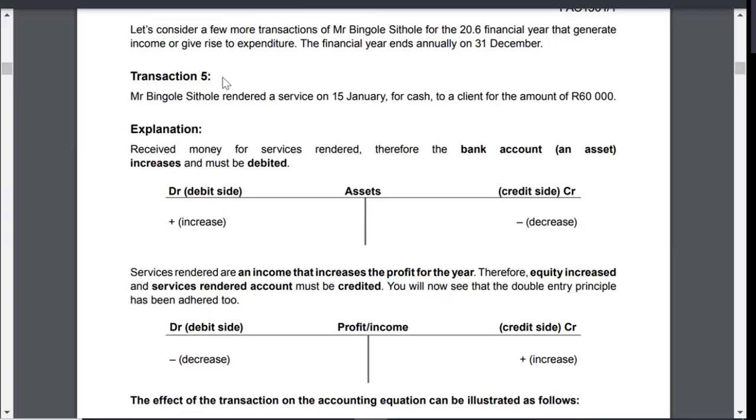So I want us to do transaction number 5. Mr. Bingole Sitole rendered a service on the 15th of January for cash to clients for the amount of 60,000. If a company has rendered a service and received money from the client, what accounts are affected there?